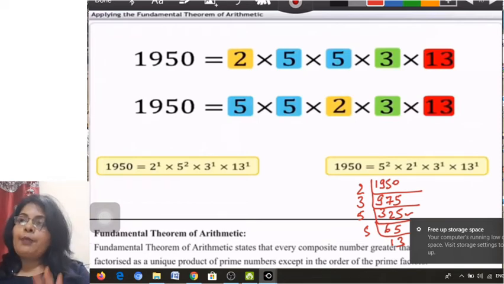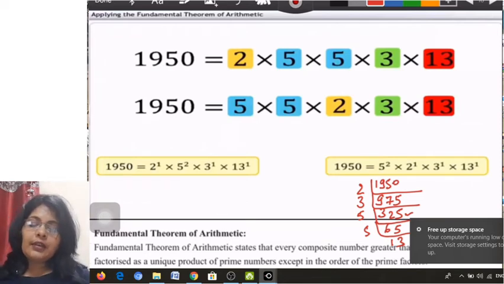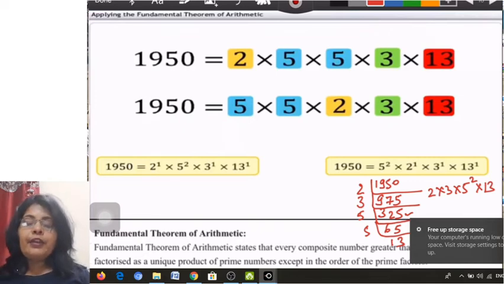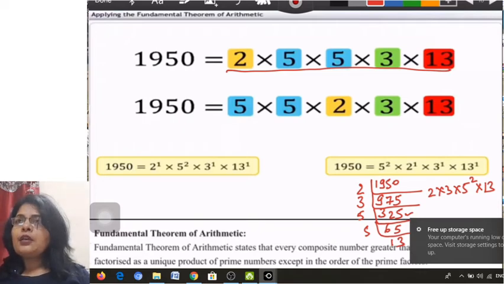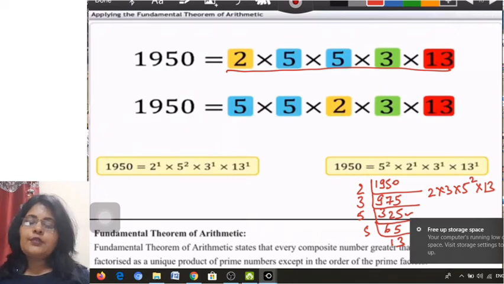I have done it stepwise, so it has come in this way: 2 into 3 into 5 square into 13. But does it matter if we write it this way, 2 into 5 square into 3 into 13? Is it a different thing? No. We can write it this way also, 5 into 5 into 2 into 3 into 13. This also has no problem.